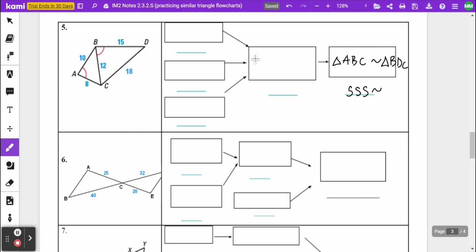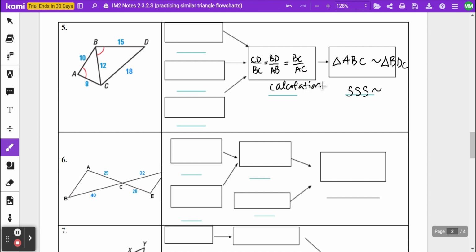So let me assume that's going to be true as I work. I'm going to check that CD divided by, okay, that's the longest side, so it'll correspond to the longest side in my smaller triangle. So divided by BC equals BD over AB, the middle length side, equals BC over AC. And I'm going to check with calculation.